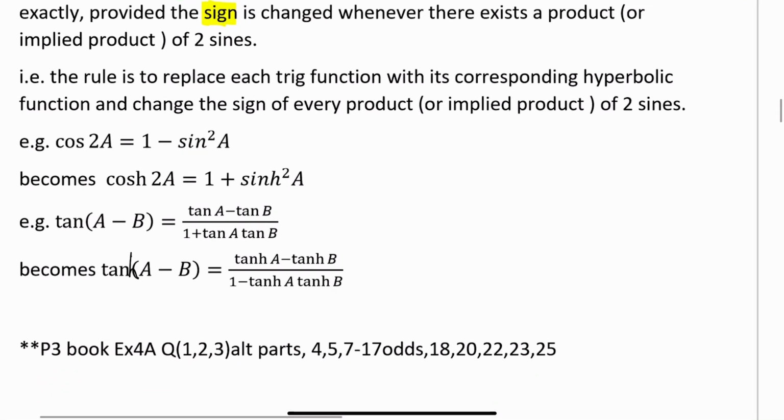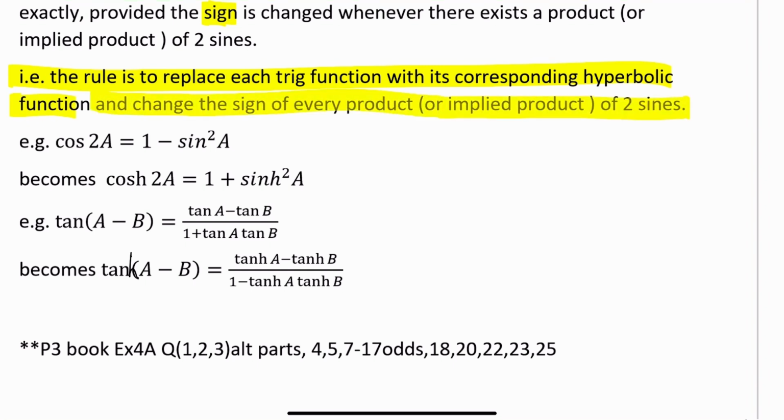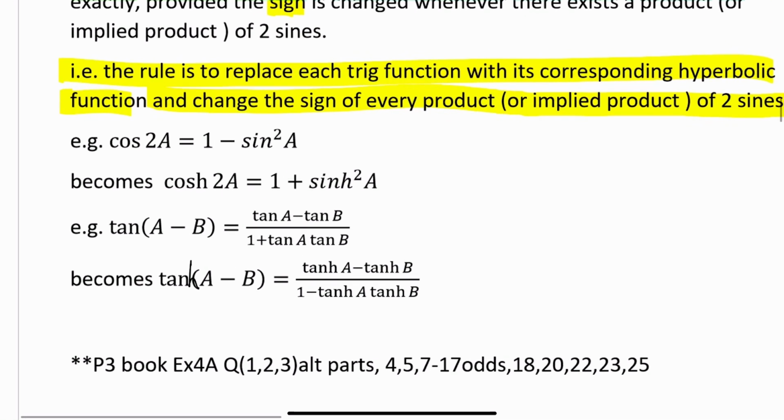So the rule is to replace each trig function with its corresponding hyperbolic function, and change the sign of every product or implied product of two sines. So there's a couple of examples. Cos of 2a we knew was equal to 1 minus sine squared. So that would become hyperbolic cos of 2a is 1 plus hyperbolic sine squared of a. And tan of a minus b is equal to tan of a minus tan of b over 1 plus tan of a tan of b.